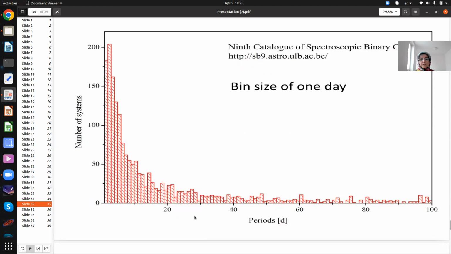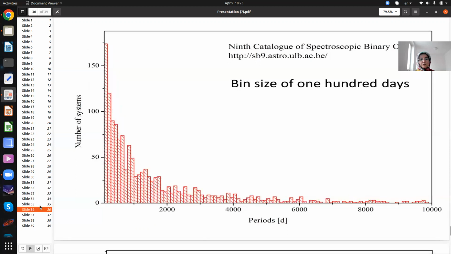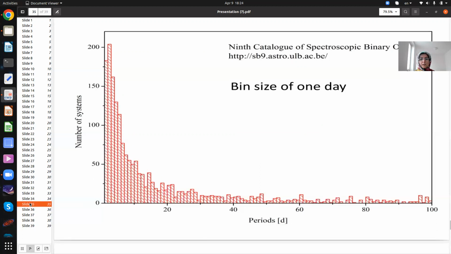If we want to see whether there is a binary or not, we should observe for a long time. For example, here it is a bin size of 1 day. For 1 day, we can detect something like this, periods and number of systems. But if we extend the time and observe for longer, for example 100 days, we see more than this.